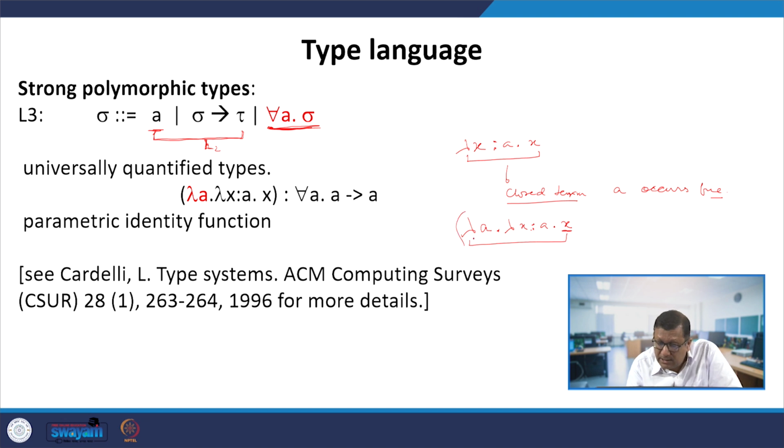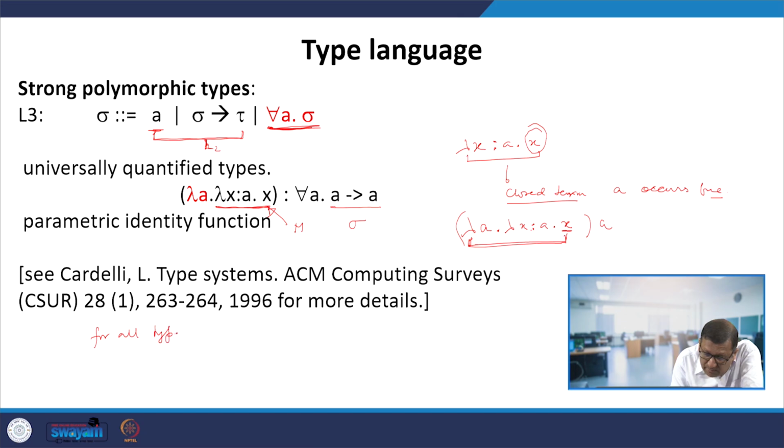Now, when we instantiate it with say A, we will get back this one: lambda x colon A dot x. The idea is, if this body is M, and this part has this type sigma, then when we introduce this parameterization of the type variable, we get for all A dot sigma. This has to be read as: for all types A, M has type sigma.